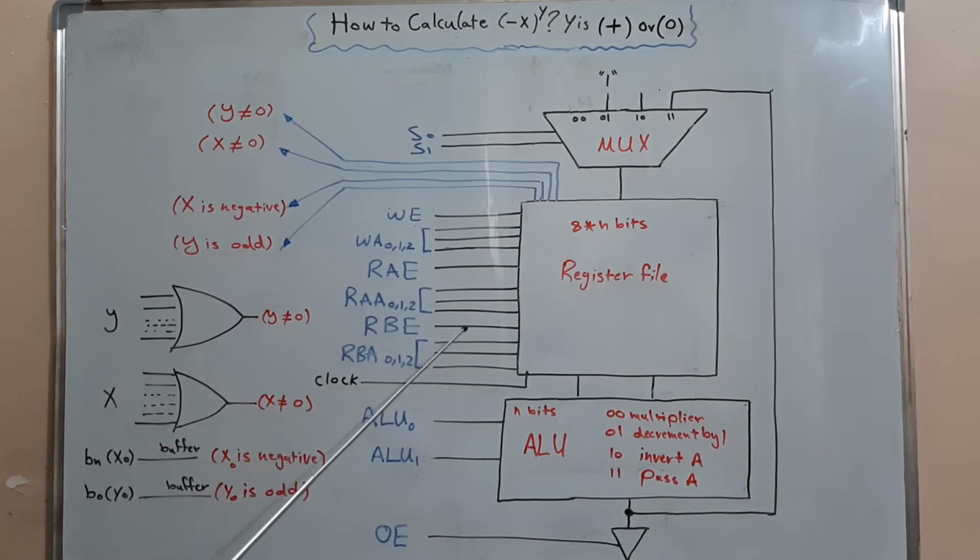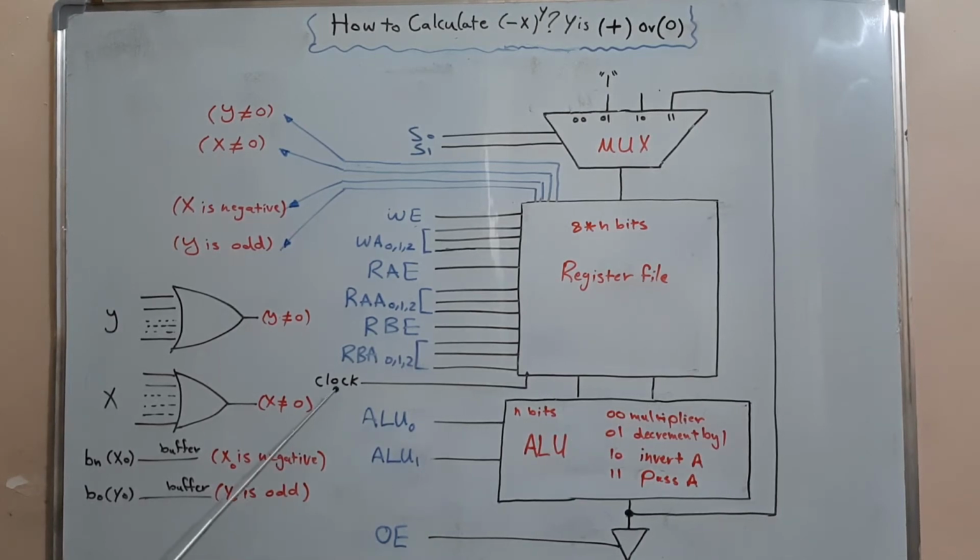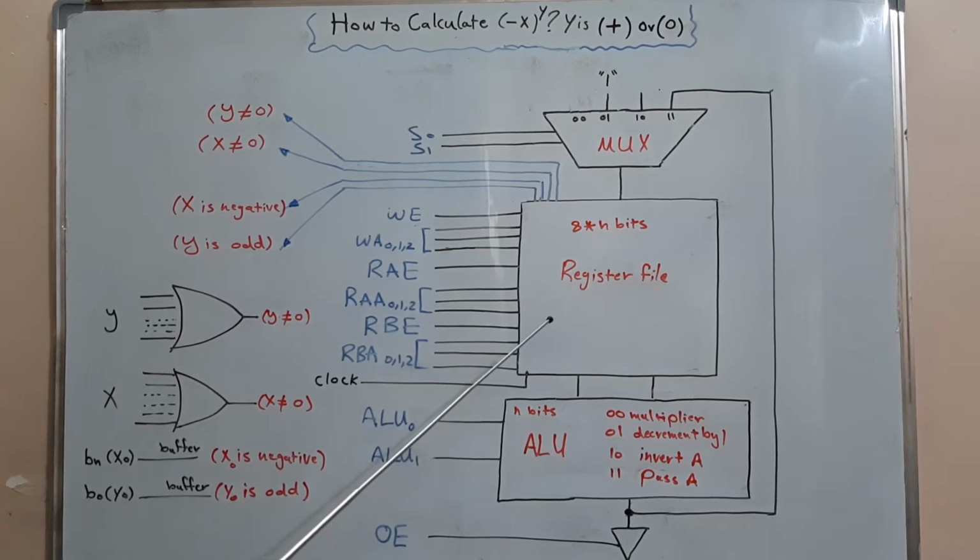RAE, RBE are to read a value through port A and B respectively. RAA012 are used to read a value through port A from one of the 8 locations, and that's similar to RBA012, but these three signals are to read that value through port B. The clock signal is required to change the status of the register file with each clock cycle.